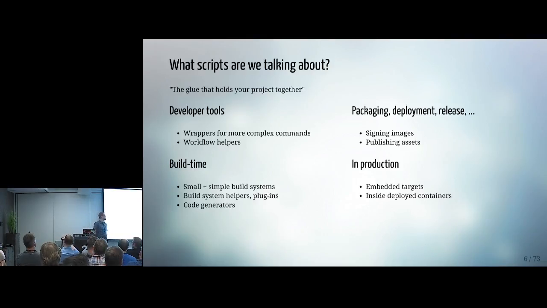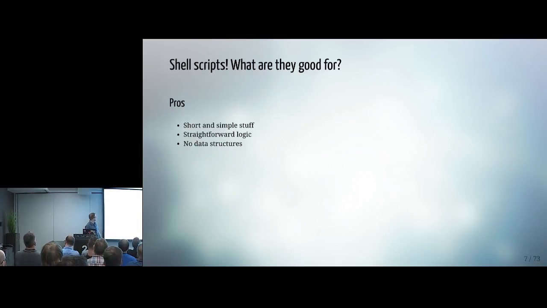People often use shell scripts for packaging, deployment, and release, publishing your assets to some server where they're available to your customer, signing release images if you're doing that kind of thing. And at the end, in production, if you're shipping a product, that product itself might have shell scripts running on it. So shell scripts basically running at your customer site as well.